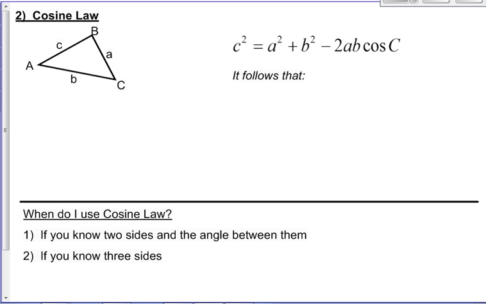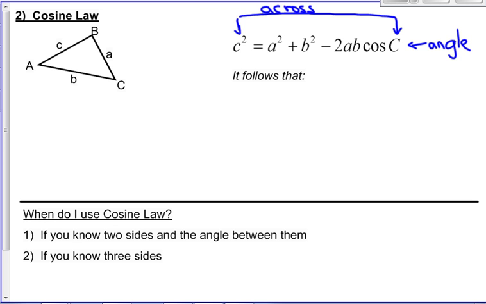Cosine law. We're not going to prove it here, but it is given in your formula sheet, and you've probably done it in class. Here we go. c squared equals a squared plus b squared minus 2ab cos c. It looks like Pythagorean theorem with a little correction. The thing that you need to know is, number one, this is an angle, and c squared and c are across from each other.